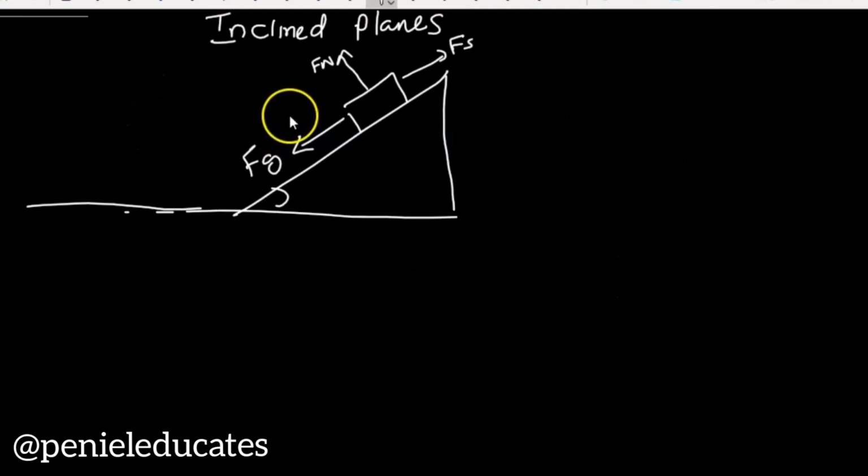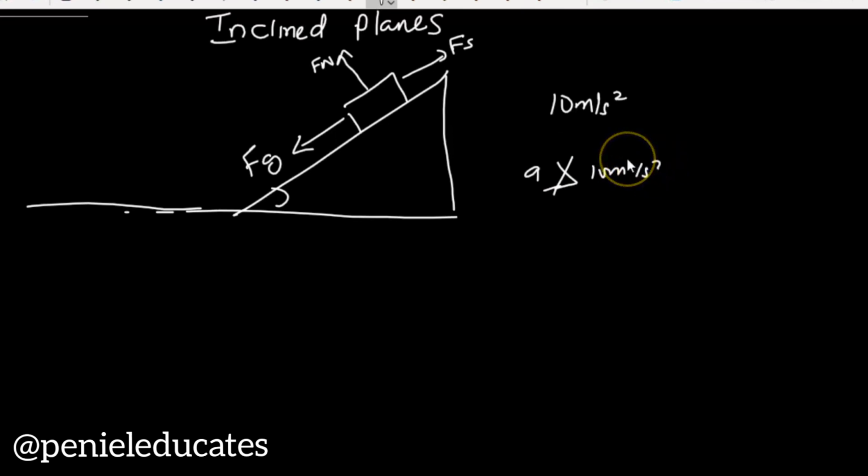Now, one thing that you need to take note of is that your acceleration down the incline should not exceed the acceleration due to gravity. If you are given the acceleration due to gravity to be 10 meter per second square, then your acceleration should not exceed 10 meter per second square.